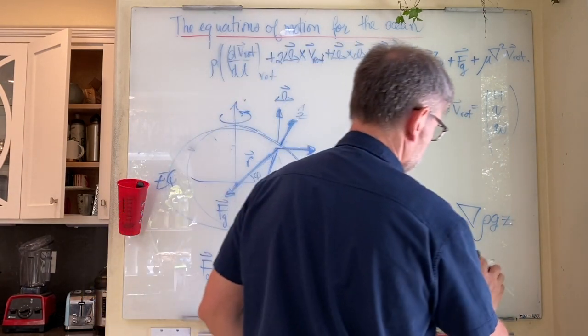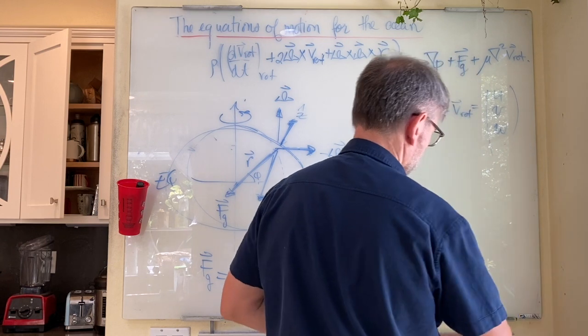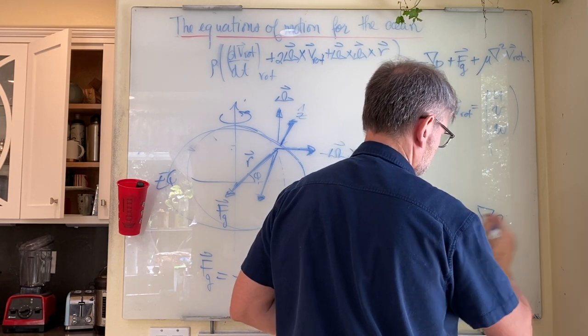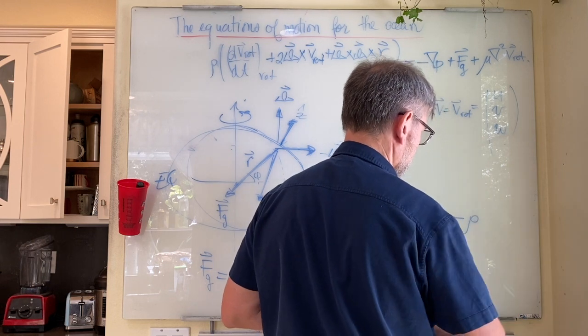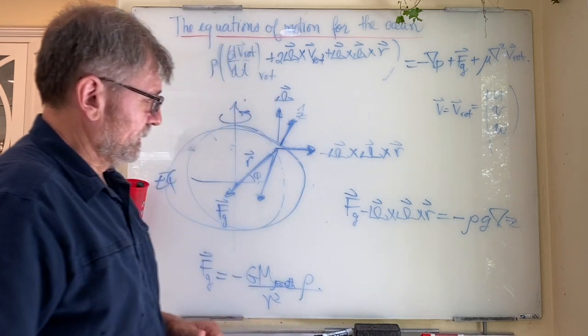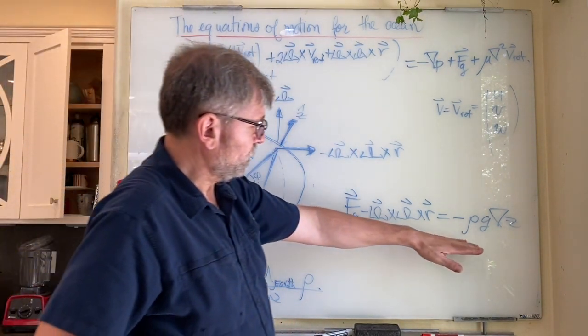Actually, I could take the rho outside the gradient here. Minus rho grad g, I can take the g out. g is a constant also. g grad z. So this is the rho g z, right?